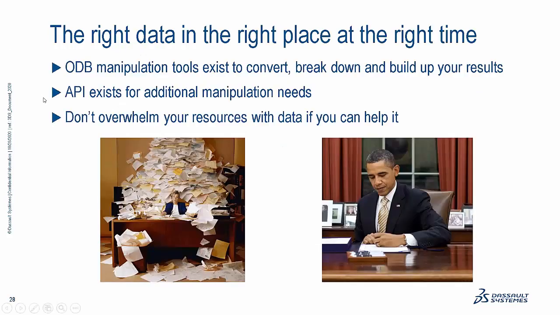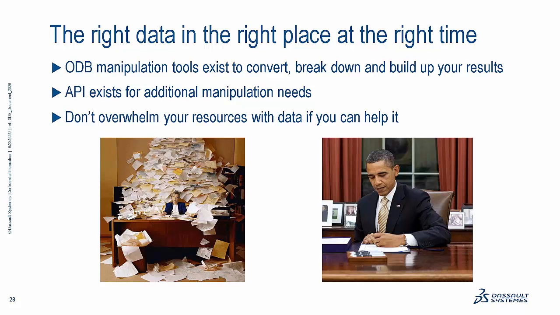The last page here: you want the right data in the right place at the right time. ODB manipulation tools exist to convert, break down, and build up your results. We have APIs that allow any additional manipulation needs, and you don't want to overwhelm yourself with data if you can help it.